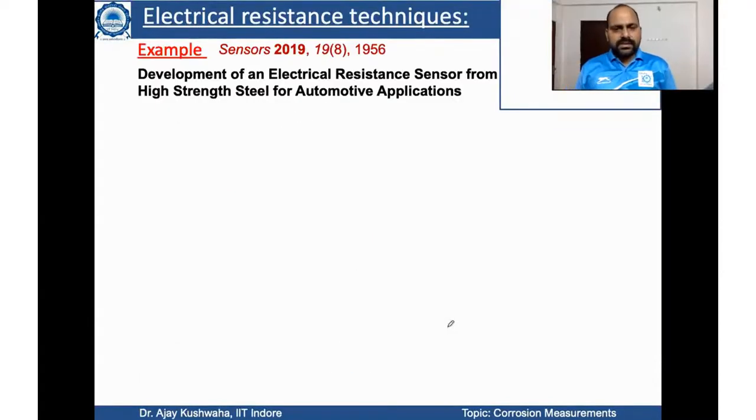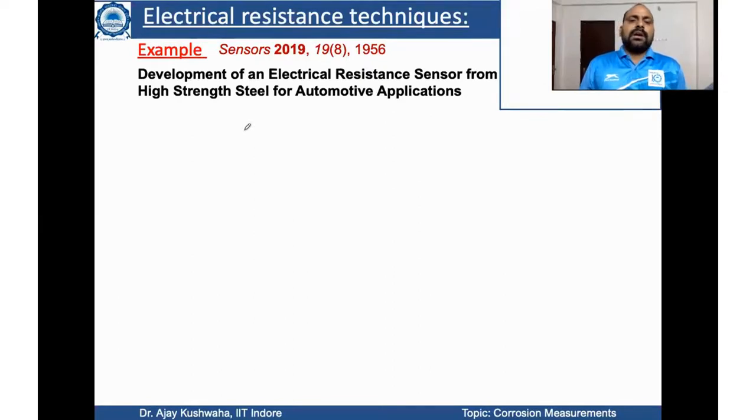This is one example which can give a little more clarity about this method, and we can understand how the technique is utilized. The electrical resistance technique work was published in Sensors in 2019. The title was Development of an Electrical Resistance Sensor from High Strength Steel for Automotive Applications.